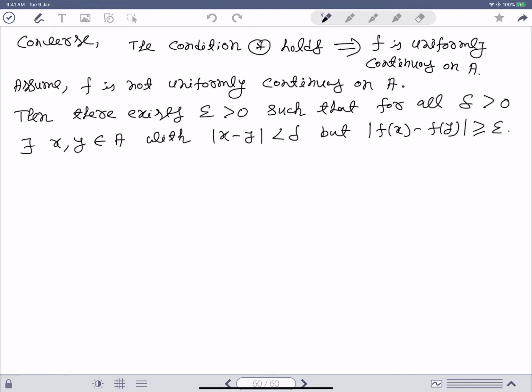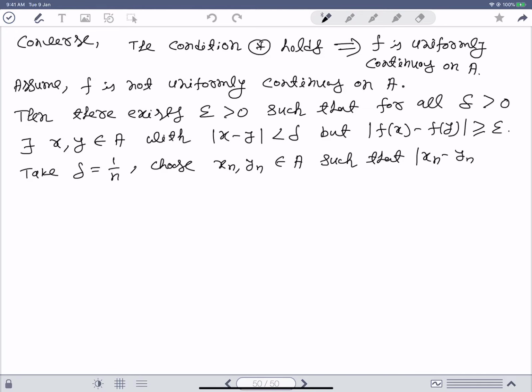greater than or equal to epsilon. Now take delta equal to 1 by n, right? Now for this delta there exist two points, so choose xn, yn in A such that mod of xn minus yn is less than delta, that means less than 1 by n, and mod of f of xn minus f of yn is greater than or equal to epsilon, right?